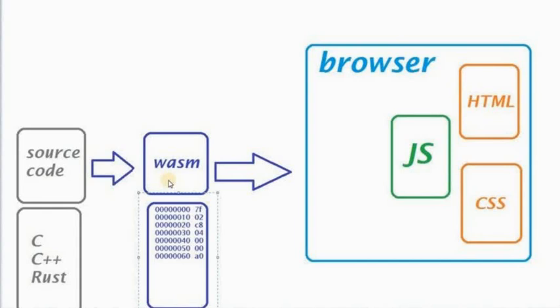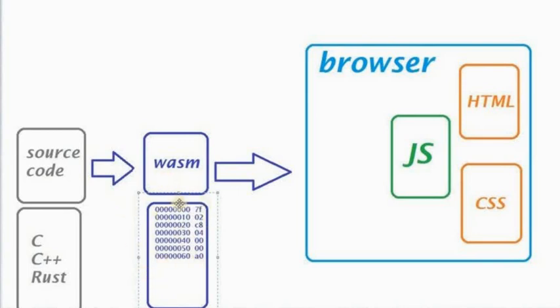However, WASM cannot directly access the web APIs or DOM, so JS is required. JS is the layer between WASM and HTML, which takes the functionalities required and passes them to the HTML. So we can't say that WASM is going to replace JS; WASM can run with JS as well as JS runs with WASM.